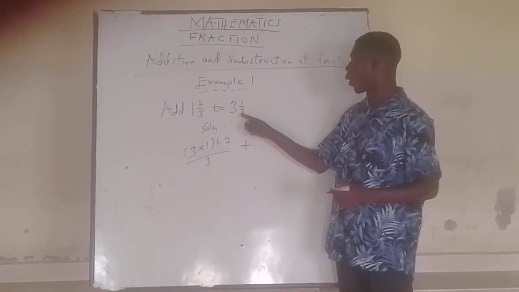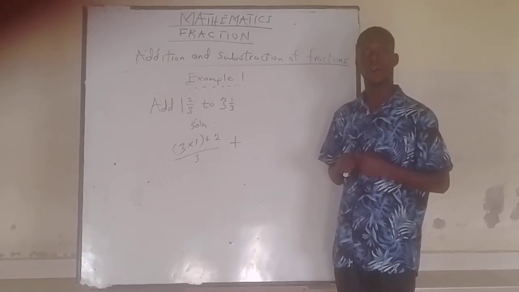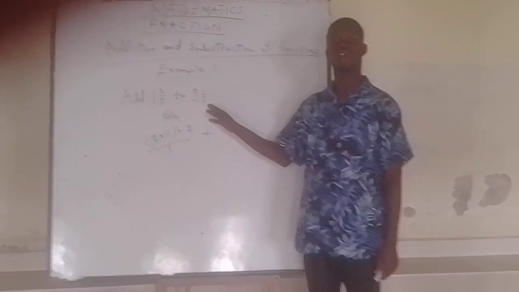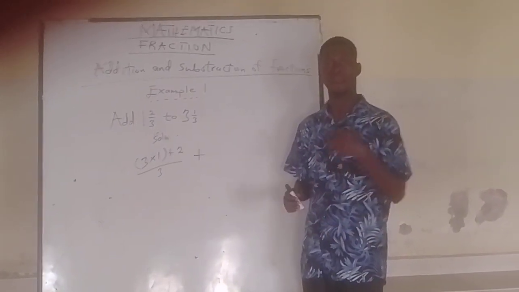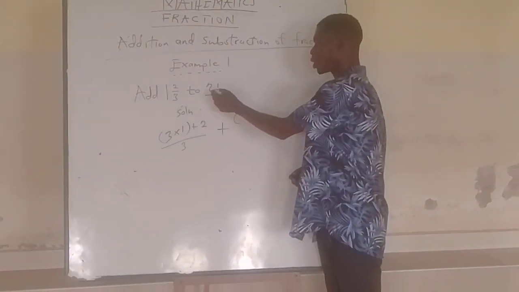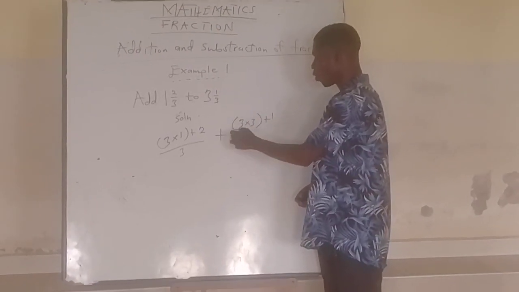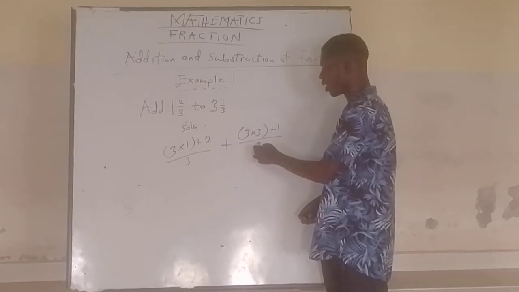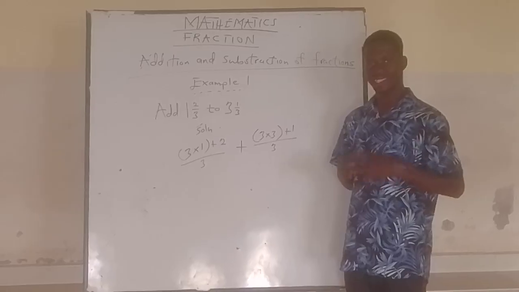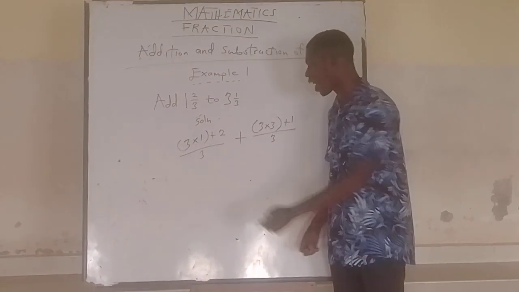We are dealing with addition of fractions in this question. Now we are changing 1 and 2 over 3, and 3 and 1 over 3, into improper fractions. So for the first, 3 times 1 gets 3, plus 2, you get 5.